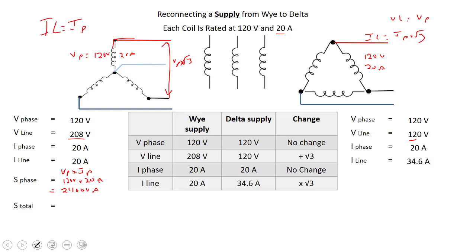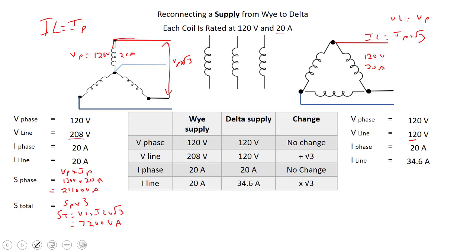For the apparent power total, we can take the S of the phase times 3, or we could use our power formula, S total equals V line times I line times root 3. Either way, it's going to work out to approximately 7200 VA.